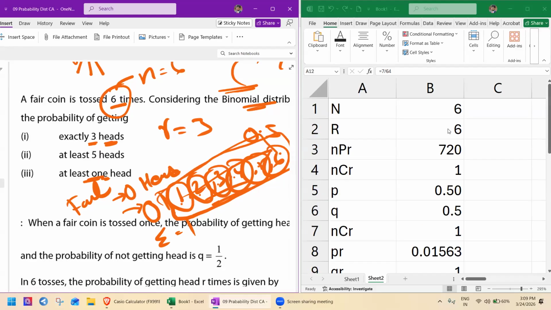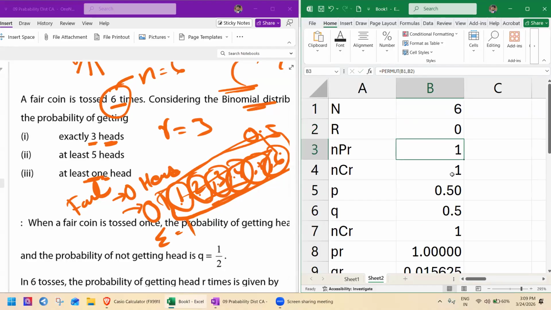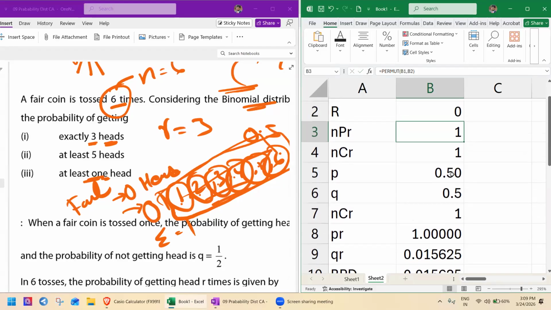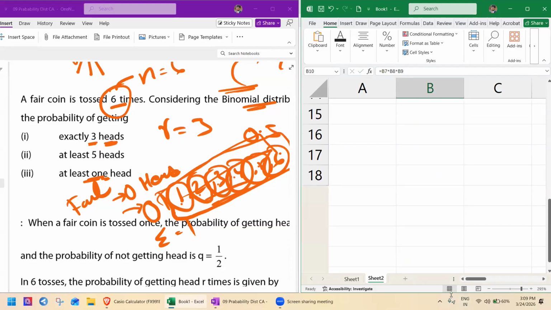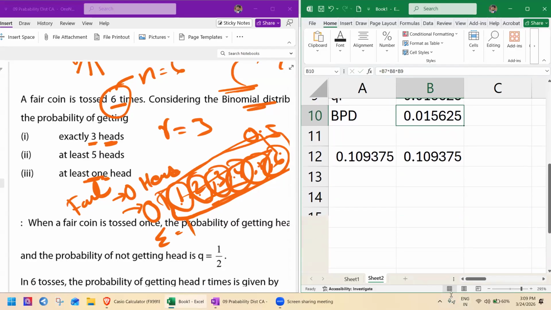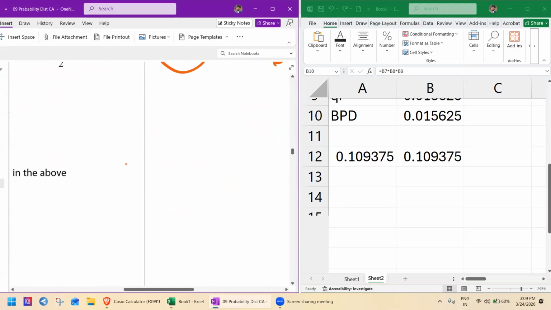Here, number of trials n, 0 heads, probability of 0. Then nCr with r equal to 0. You can get 0.0156. What is this?